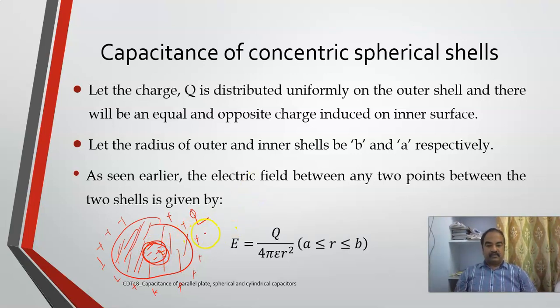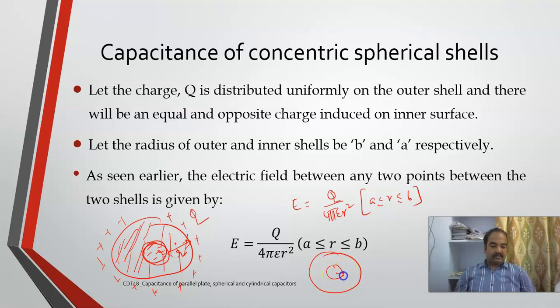So in this case, what is the electric field at any point in this particular region? If I consider any point in this region, which is at r, we have already calculated it. It is Q by 4 pi epsilon r square, for a less than r less than b. If you don't remember that, we have done all these problems, right? If it is inside the inner sphere, it will be different.